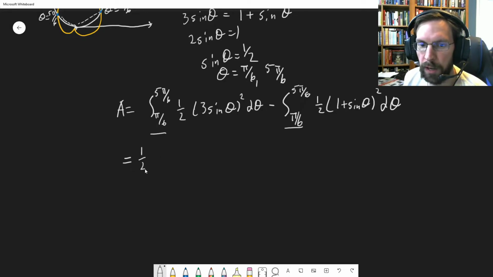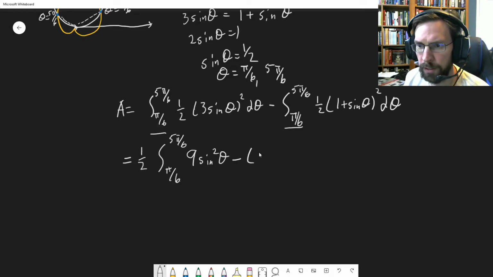We can factor out the 1/2, and everything does have the same bounds, so we can combine the integrals. So let's combine them, and then we can FOIL everything. So we're integrating from pi over 6 to 5 pi over 6. We factored out the 1/2. So we get 3 sine theta squared is 9 sine squared theta minus, we're going to FOIL this, 1 plus 2 sine theta plus sine squared theta d theta.